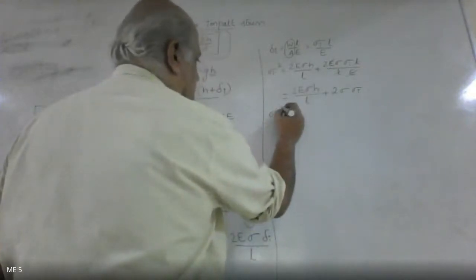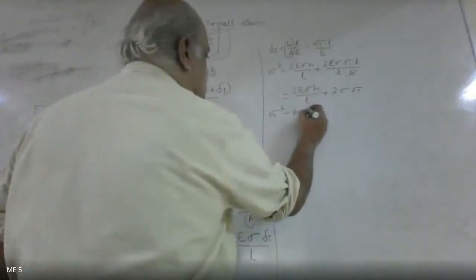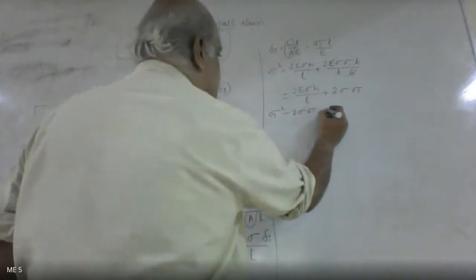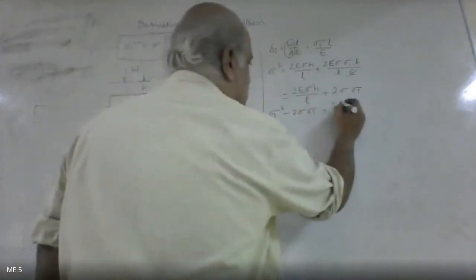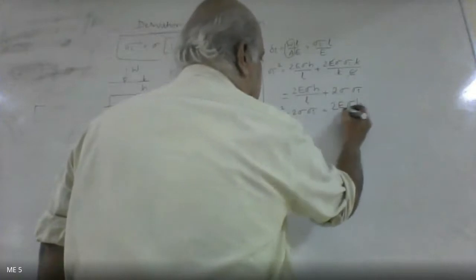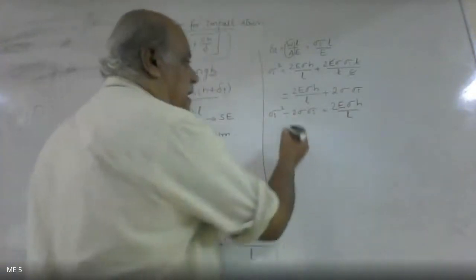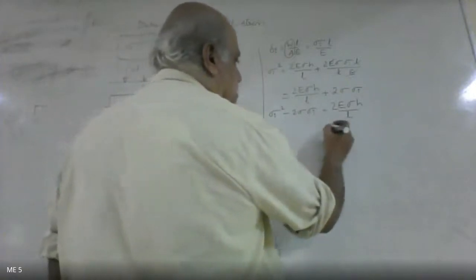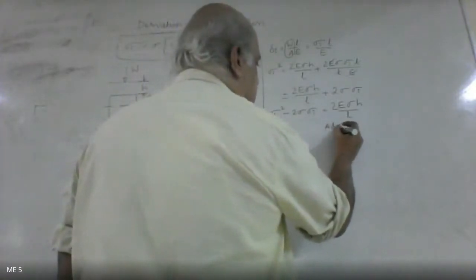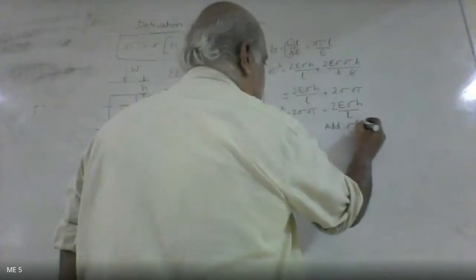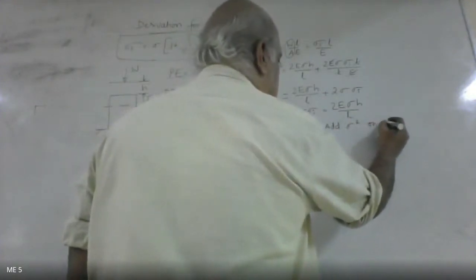I will get sigma square I minus 2 sigma sigma I is equal to 2E sigma H by L. Okay. Now I add sigma square on both sides.